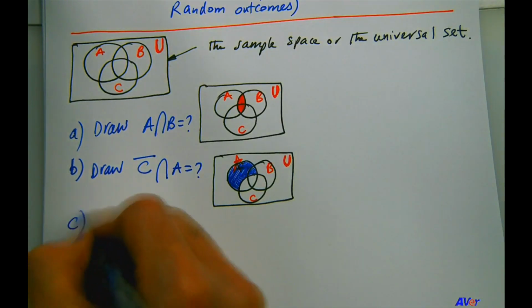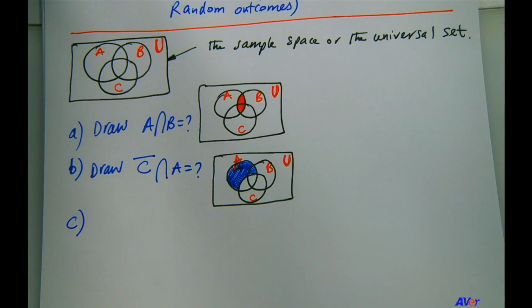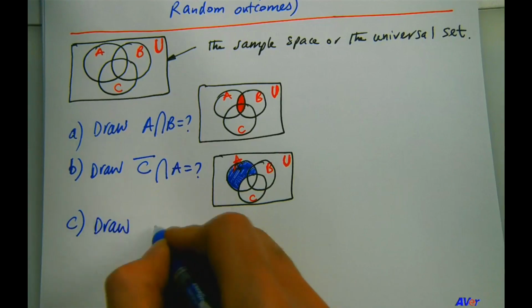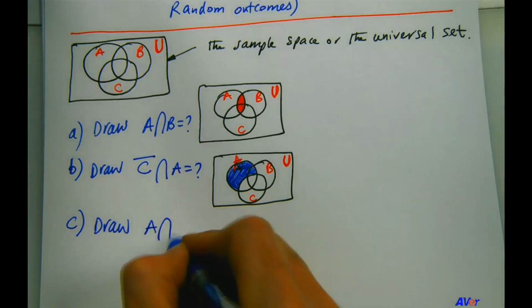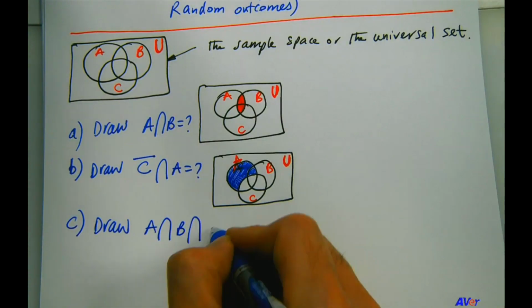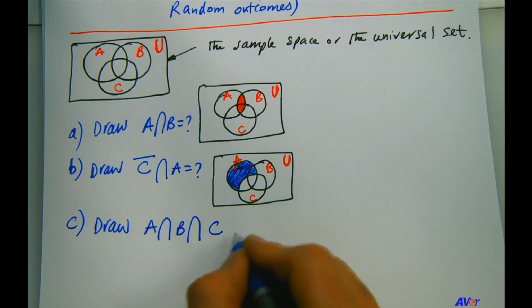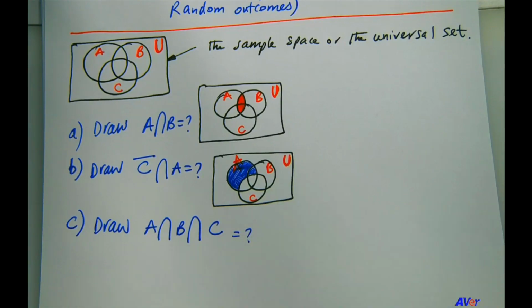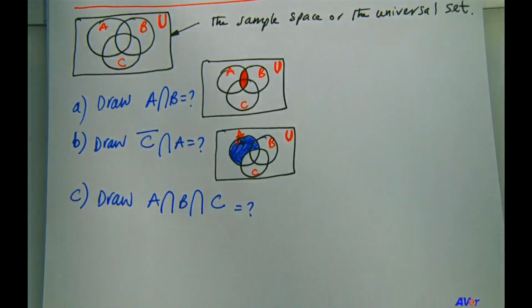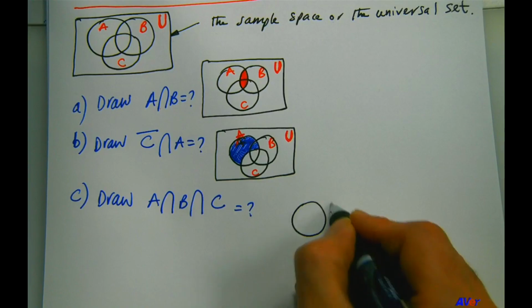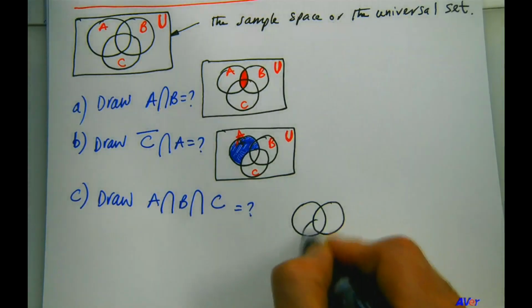So for this part, we want to draw A intersection B intersection C. Right? We want to draw that. Let me try to duplicate that again as best as I can.